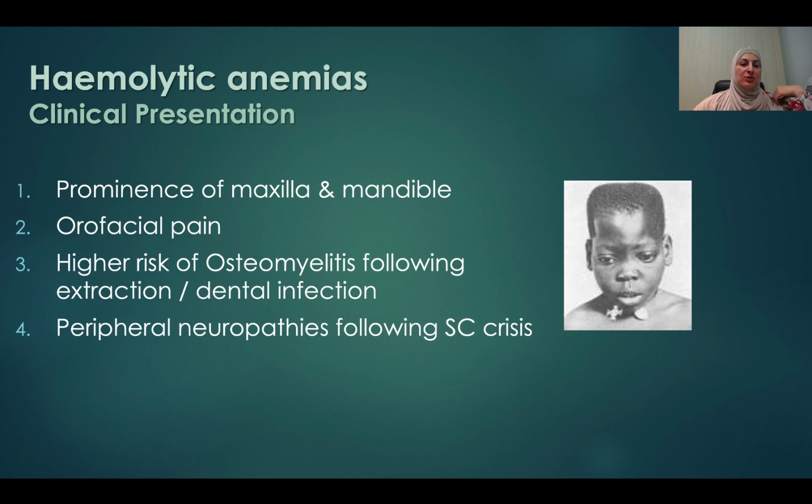The patient should also be treated as a high-risk patient for osteomyelitis and any infection after extraction because of the low vascularity to the blood, and the incidence of precipitating a sickling crisis during extraction, in addition to peripheral neuropathies.